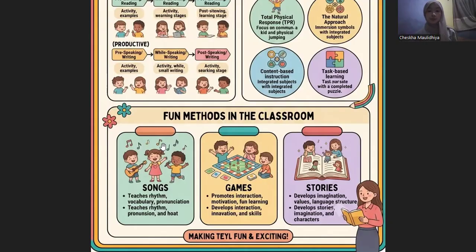For example, teachers can play a guessing game or a vocabulary matching game. The last is stories. Stories develop imagination and language skills. For example, teachers can read a story about animals and then ask students to describe their favorite character.